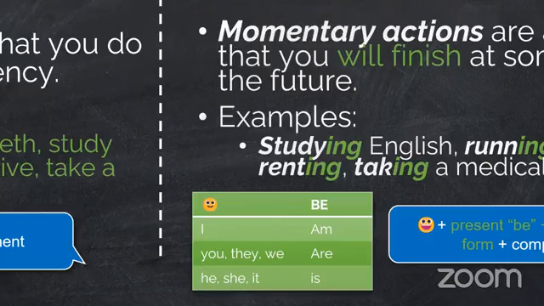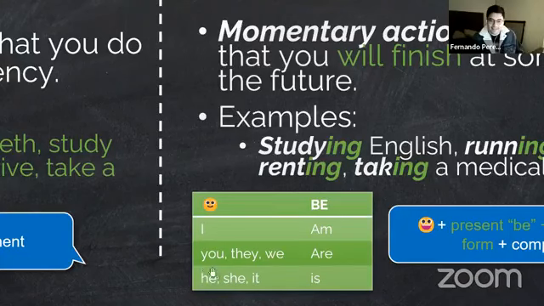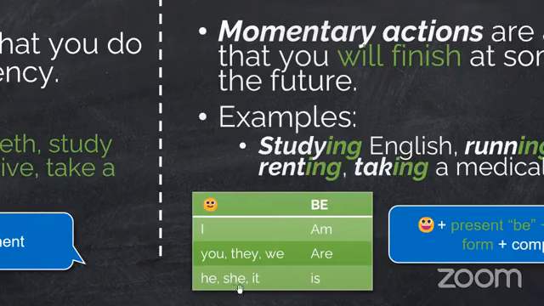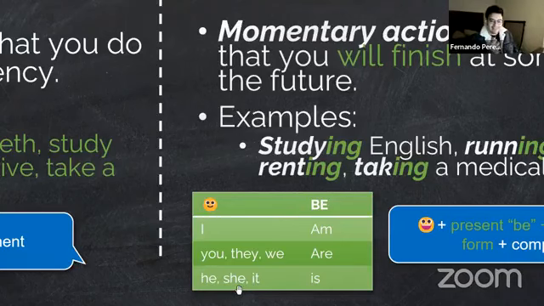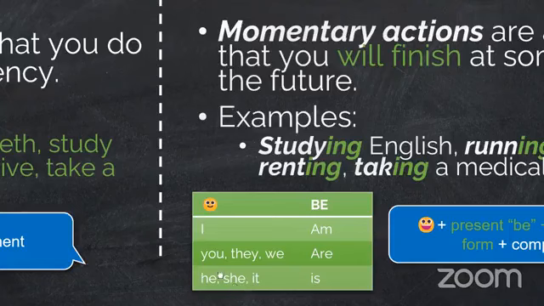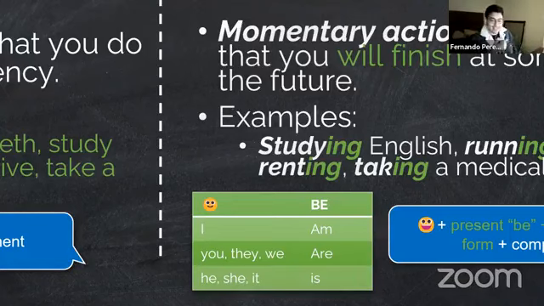Wrong. He is masculine. You need feminine. She. Okay. She is studying English in this moment. Yes, exactly. Be careful. He and she. He is masculine. She is feminine.